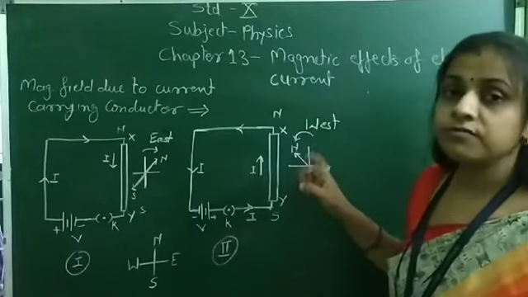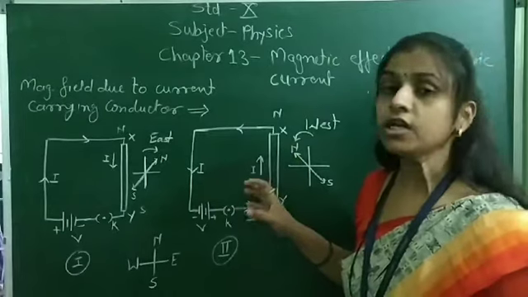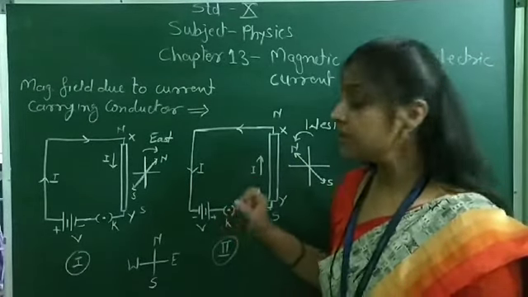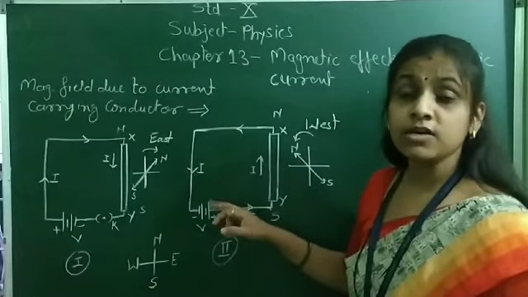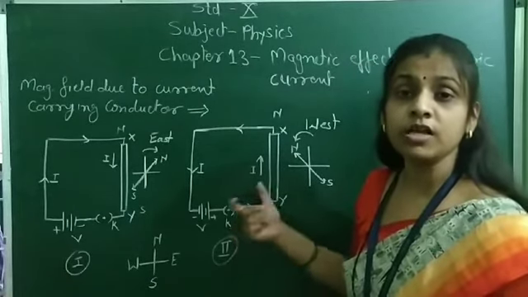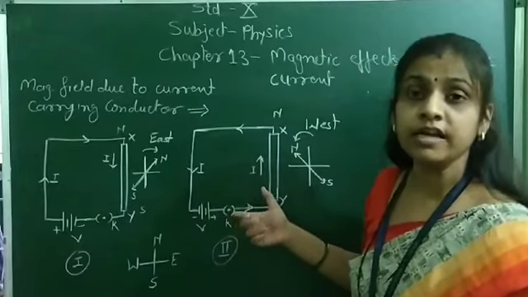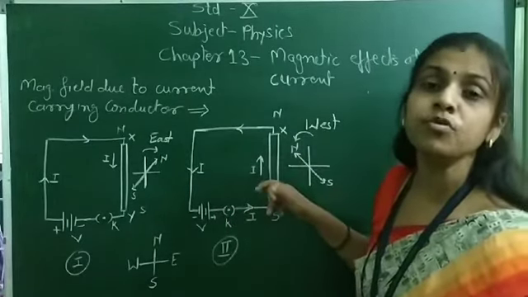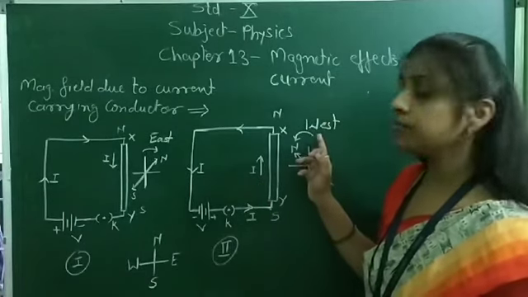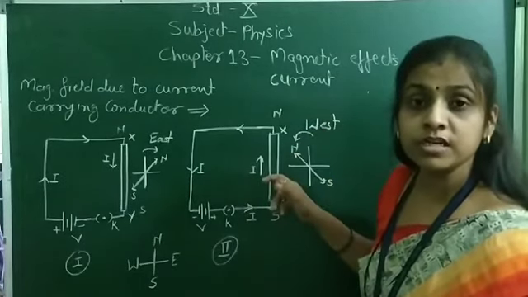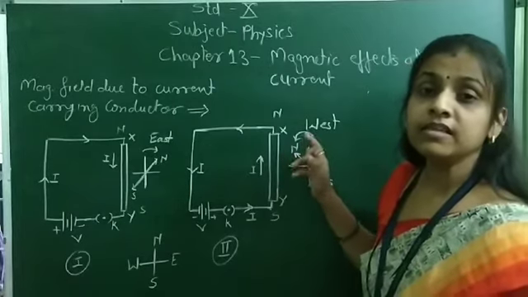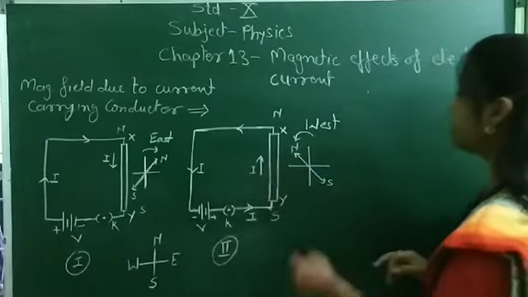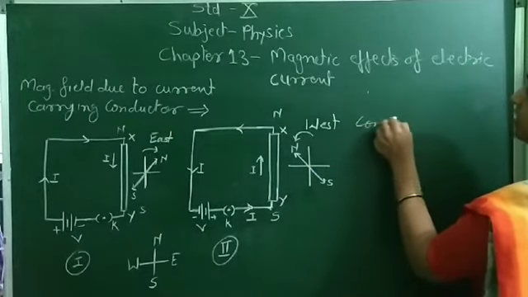Therefore we conclude that the magnetic field is produced along the direction of the current, because as soon as the direction of the current is reversed, the compass needle shows opposite deflection, which means there is a change in the magnetic field direction. So what is our conclusion?